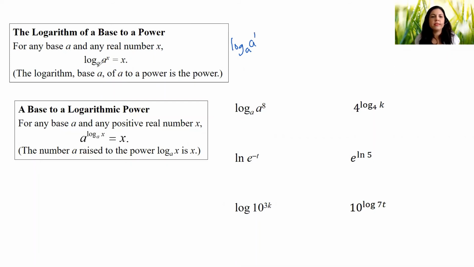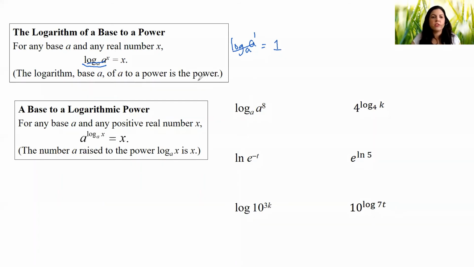And so this is saying that if we have a logarithm base of itself, that really just cancels out and it's equal to x, just like we saw with this, that canceled out and it was just equal to 1. So that's always going to be the case.